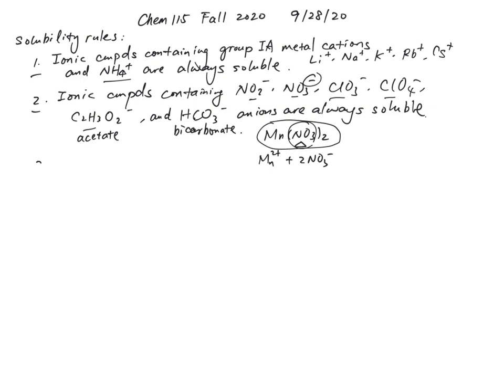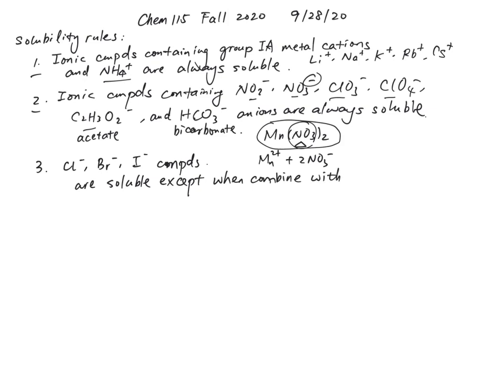Okay, now number 3. Chloride ion, bromide ion, and iodide ion compounds are soluble except when combined with three positive ions, and they're silver, lead 2+, and mercury 1 ion.